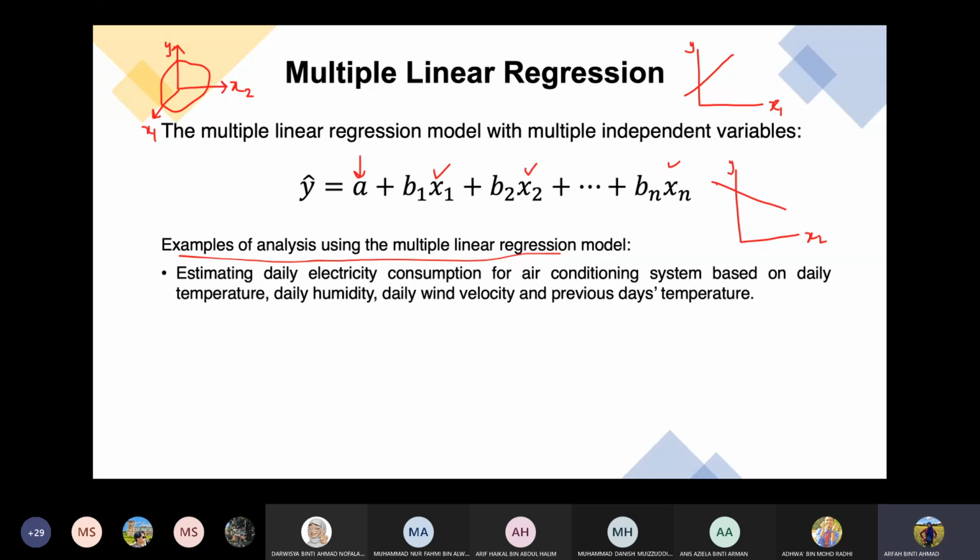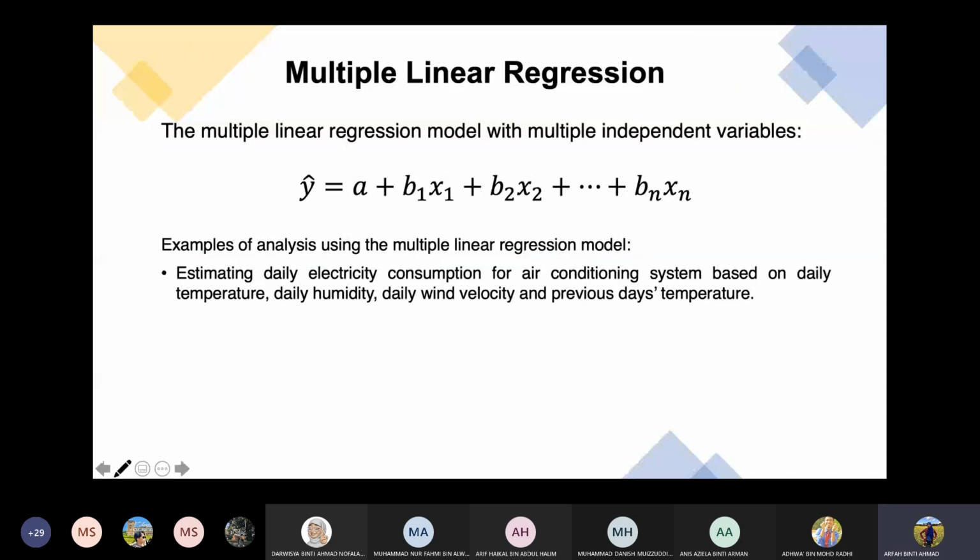So contohnya, this one, you are going to have daily electricity consumption for air condition system. Yang ini adalah awak punya Y. Okay.